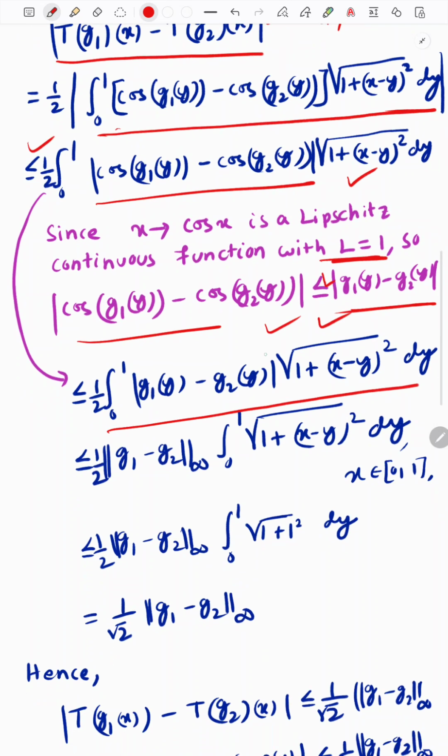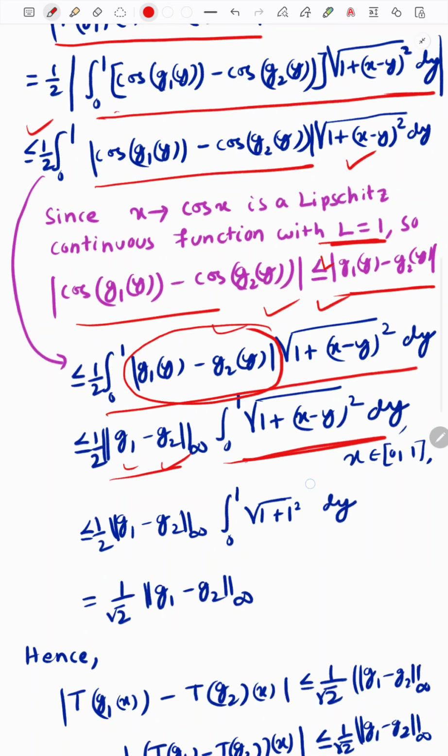Then we will take the supremum of this quantity where y belongs to the closed interval [0, 1]. This supremum value is nothing but the supremum norm of g1 minus g2, so we can take it out because it is a constant quantity. So we will reach this integration.